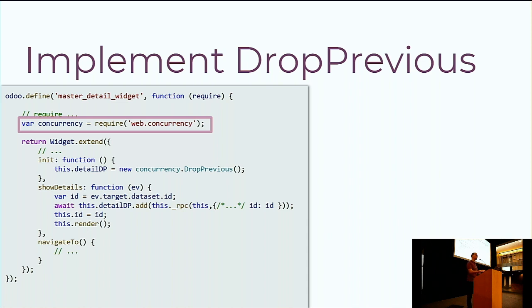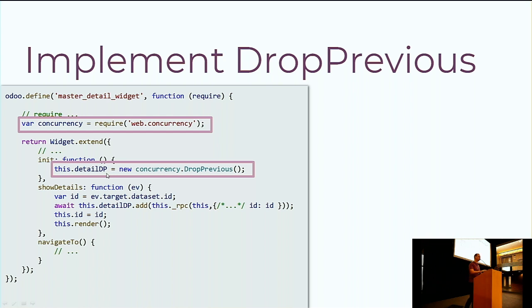And this is how you implement drop previous. It's implemented in the module concurrency, web.concurrency, so you have to require it. And usually we create the instance of our drop previous in the init of whatever you want to control the concurrency in. In this case, it's my widget.